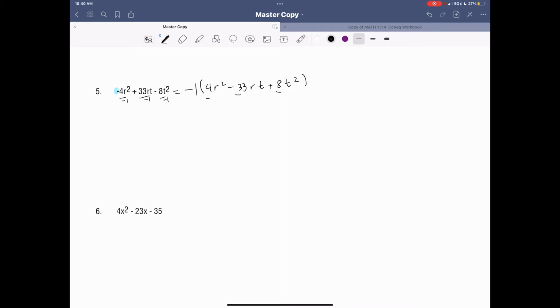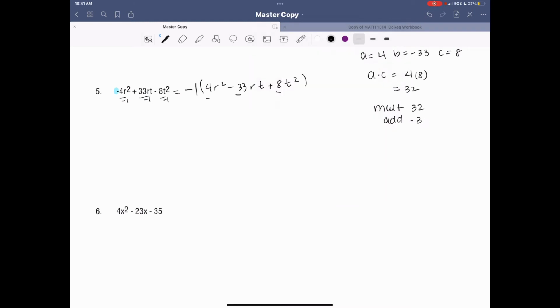And then we're now going to look at our A, B, and C. So A equals 4, B equals negative 33, and C equals 8. Now, C is also a coefficient. So I have A times C, 4 times 8 equals 32. So I need to multiply to find 32, and I need to add to find negative 33.